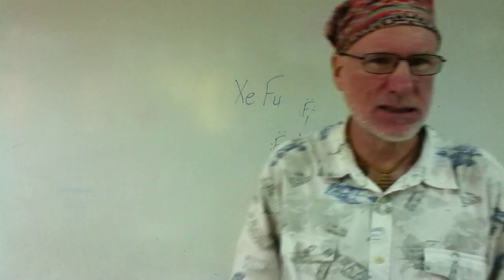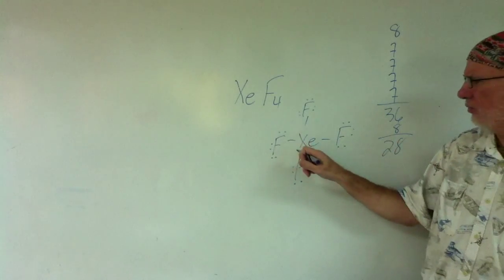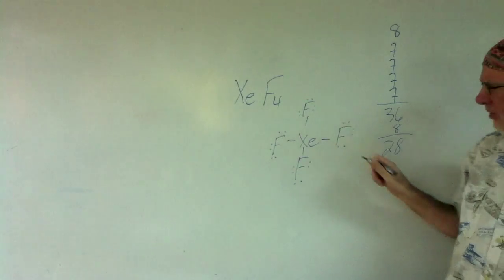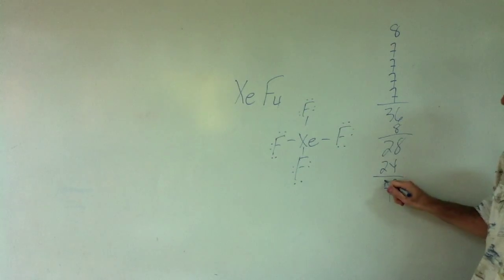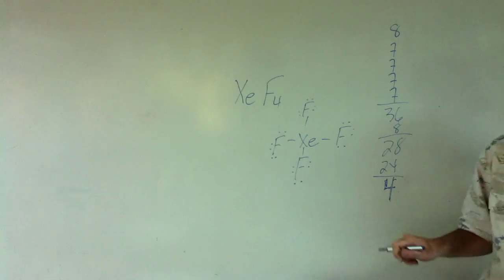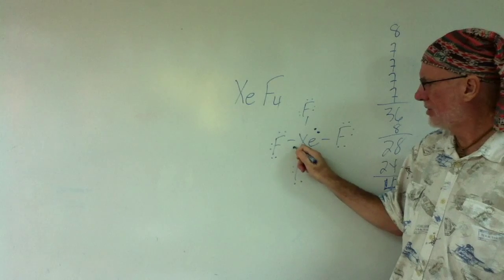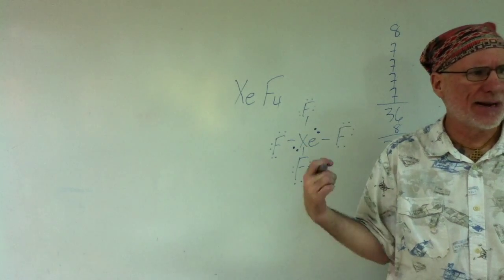The nearest noble gas. So now we have 1, 2, 3, 4, correct? So we have 24, and then 4, where do those 4 go? Xenon. Central atom, okay, good. Now that certainly looks polar by the drawing that I made on the board.